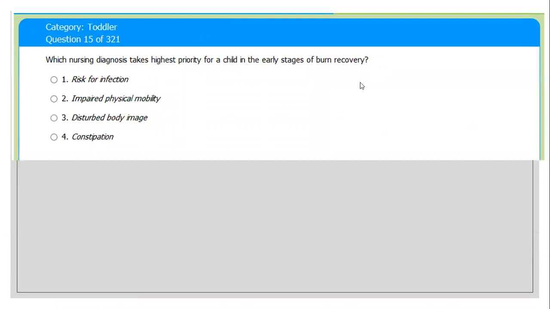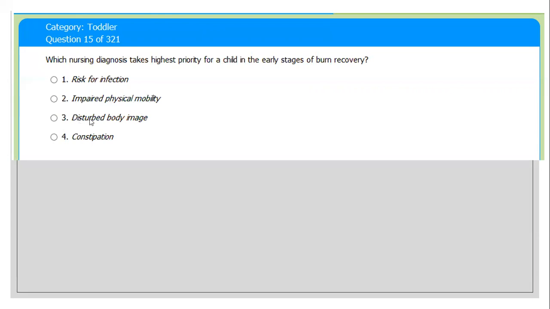Next question. Which nursing diagnosis takes the highest priority for a child in the early stage of burn recovery? Number one, risk for infection. Number two, impaired physical mobility.